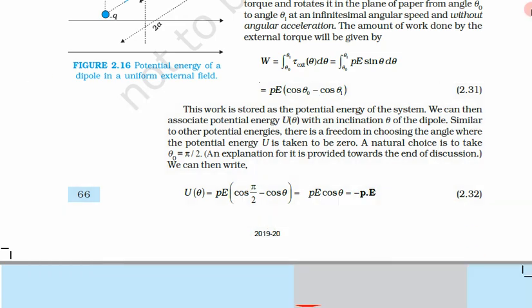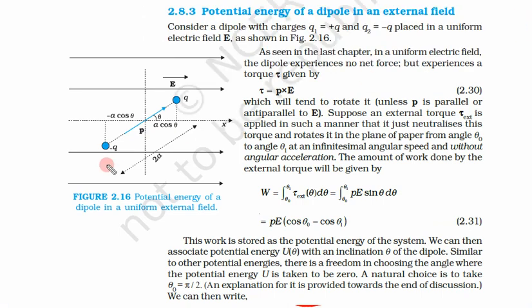So let us see if this dipole would have been here. Forget about which one is positive q and which one is negative q, but let us say this is the direction of this dipole and this is the direction of the electric field.